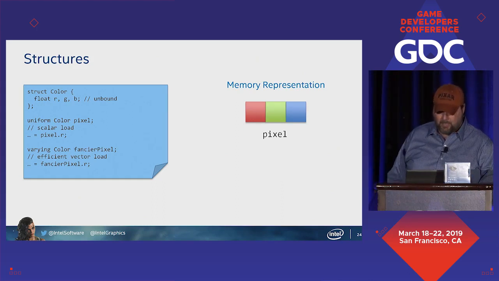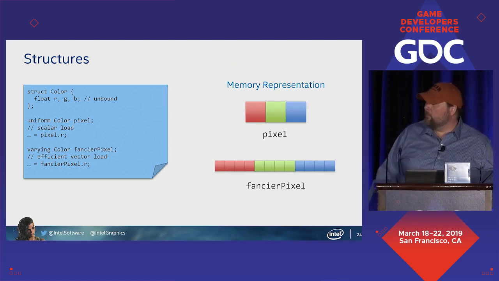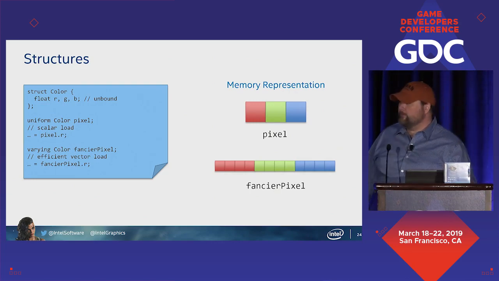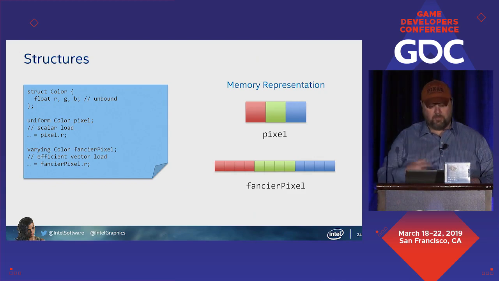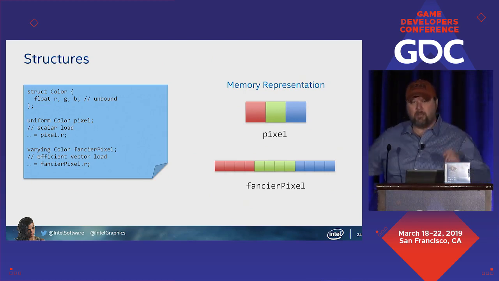And then we have varying color fancier pixel, and what this does is it expands the members of that structure out to the width of your compilation unit. And this is called hybrid, or a lot of people call it different things, but array of structures of arrays. So if you dereference R in fancier pixel, you'll get a vector load. But if you dereference R with pixel, you'll have uncoalesced memory accesses.